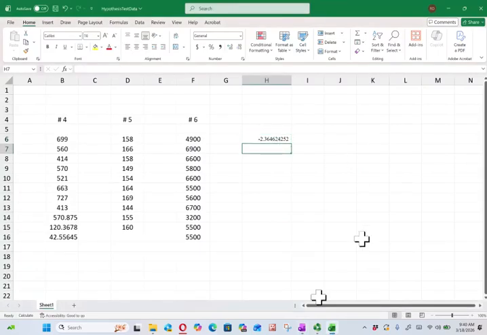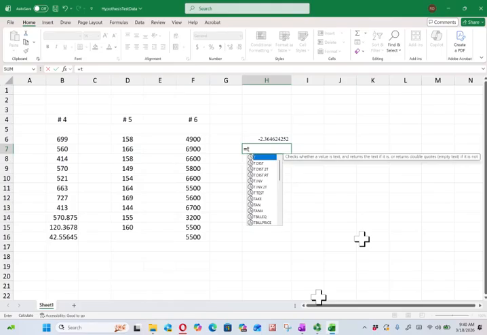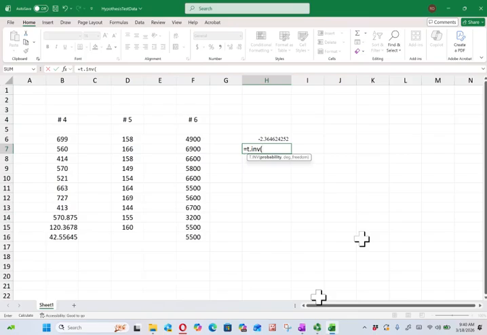I'm going to repeat this t command, equals T.INV. What probability would I give it to get the upper end? And remember, it always comes from the left, from the low end up. 0.975, 97.5%. 0.975, 7 degrees of freedom.